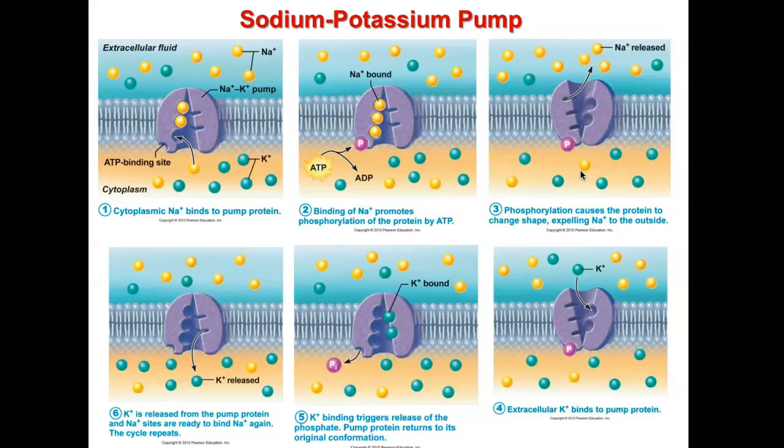If you have more positive on the outside than you do on the inside, then you have a difference in charge across the cell membrane. So what the sodium-potassium pump does is it causes the outside of the cell to be positive and the inside of the cell to be negative. And that sets that cell up to do a certain kind of work. And I hate to leave you hanging on that, but that is how a neuron gets set up to fire.